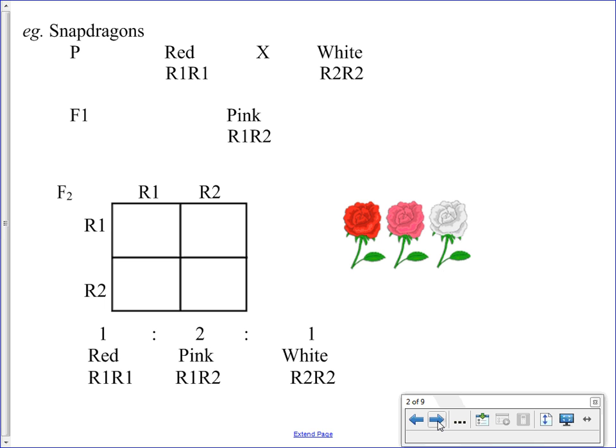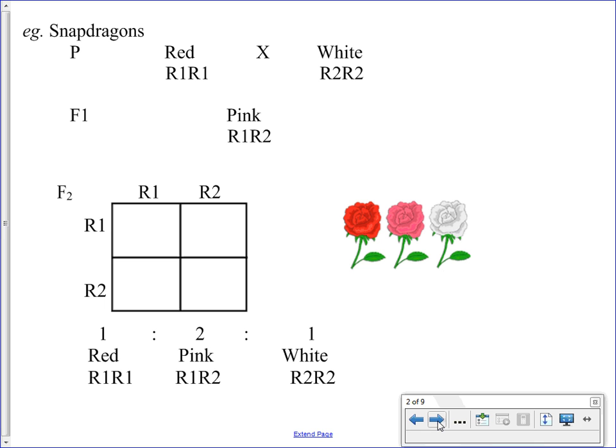So this example here that we're taking a look at with the cross in snapdragons, the flower snapdragons, I'm showing you here the first row, the parent phenotypes. So we have a red flowered snapdragon, which is crossed with a white flowered snapdragon. I give you the F1 generation, but unlike what we saw with any of Gregor Mendel's garden peas, we don't see one of the phenotypes in the F1 generation that we saw as a parent phenotype.